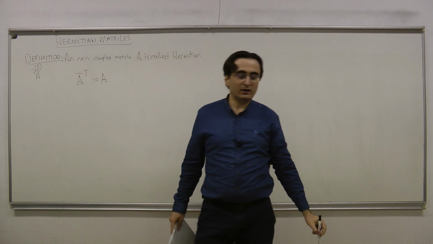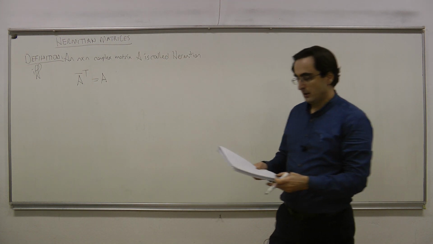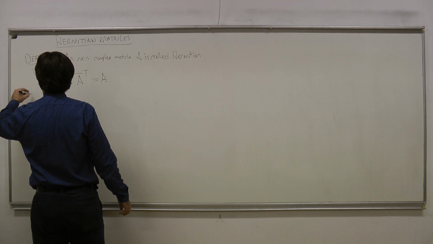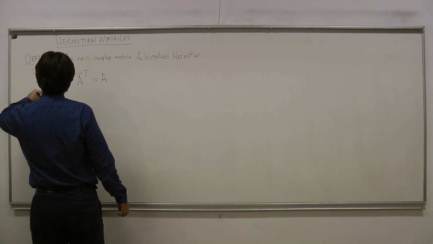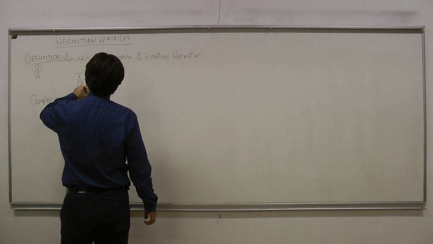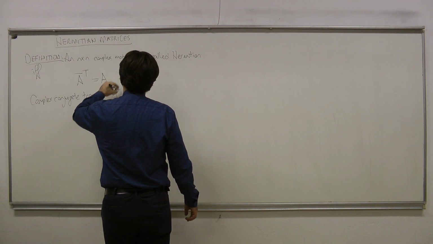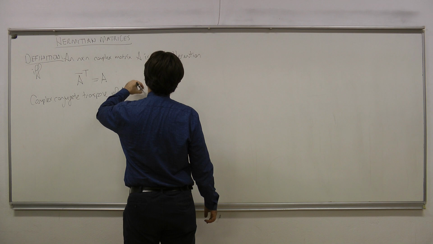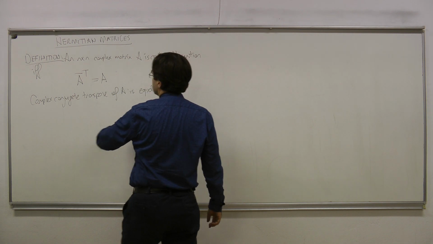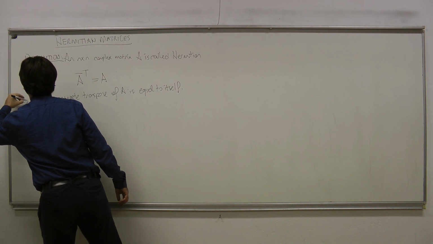So I have this property. In other words, this means that the complex conjugate transpose of A is equal to itself.